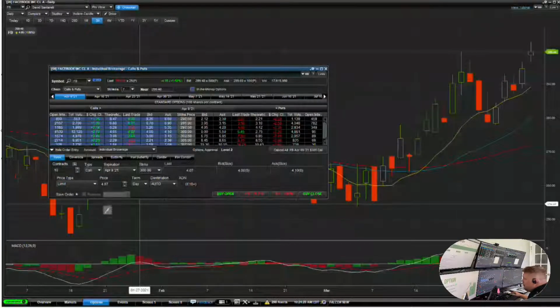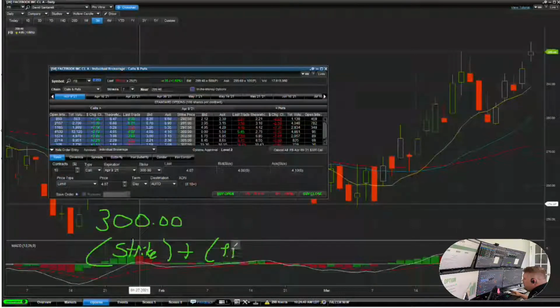So the strike price is 300, plus the premium paid, the 4.07, and that's how she came up with that. 304.07 equals our break even.